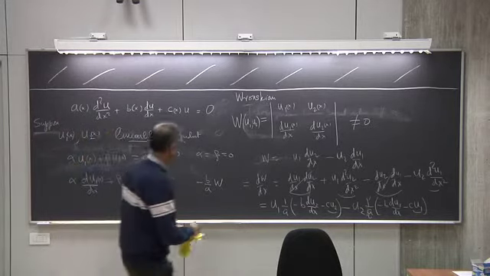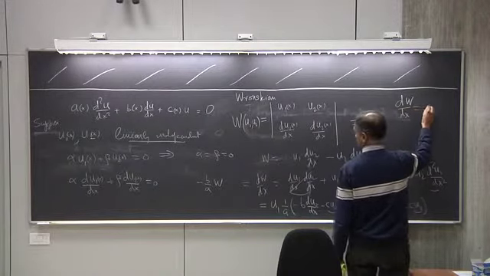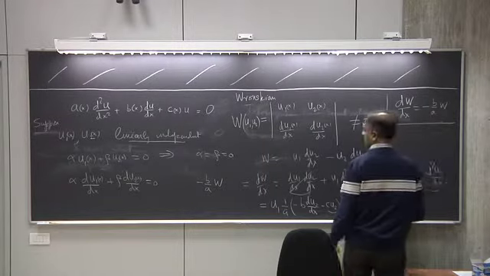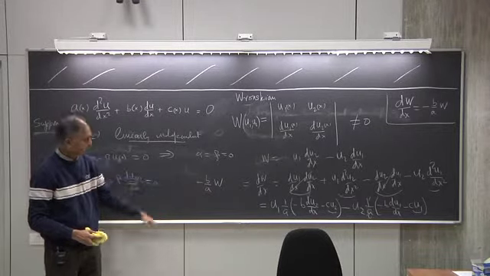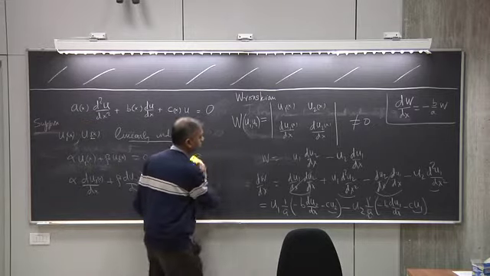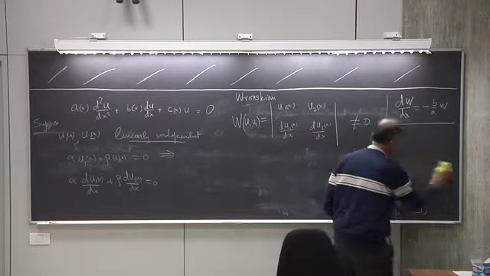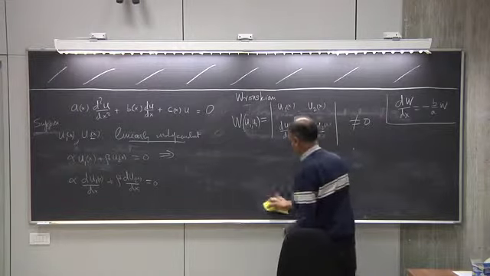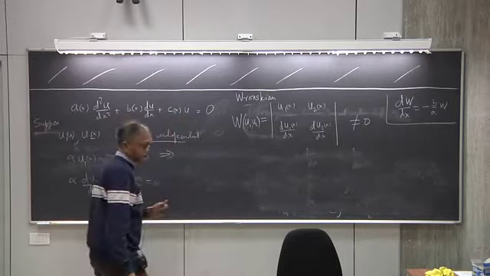Okay, so let me just keep this equation here: dW by dx is equal to minus b over a W. So this is the first order differential equation. Okay, so I can erase all this part here. Okay.